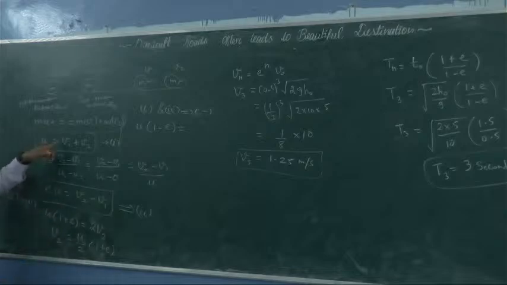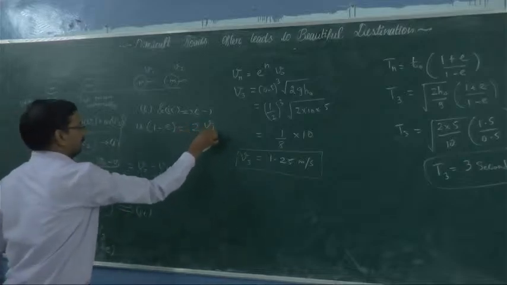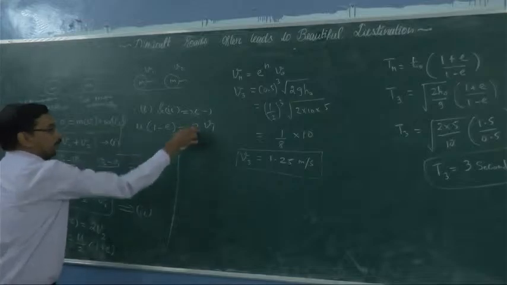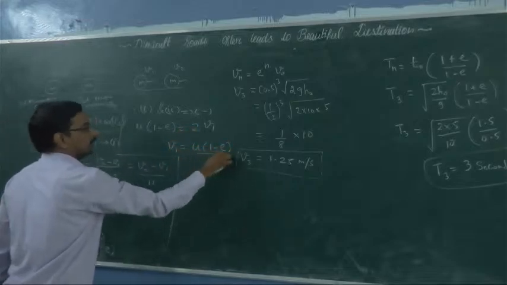On the other side, since we subtract, an extra minus comes, so minus v2 plus v2 cancels and v1 plus v1 is equal to 2v1. So the final answer for v1 is u into (1 minus e) by 2.